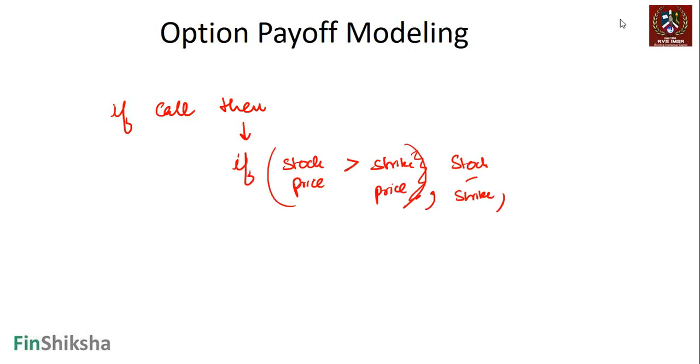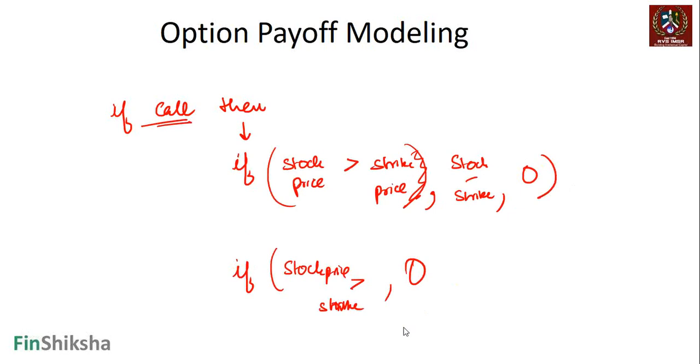If the answer is no, which means the stock price is less than the strike price, I will say zero, right? That's if it is call. If it is not call, which means if it is put, then I check if the stock price is greater than the strike price. In the case of a put option, remember, if stock is greater than the strike, that will be worth zero. Else, the profitability will be strike price minus the stock price.